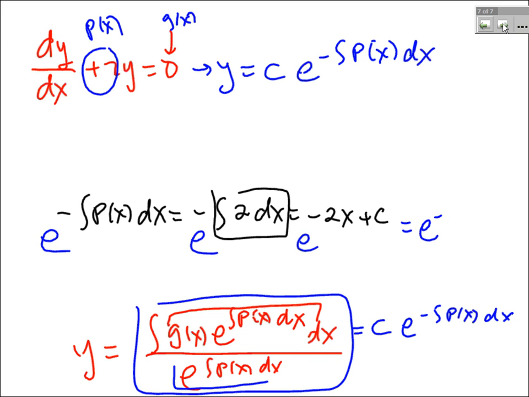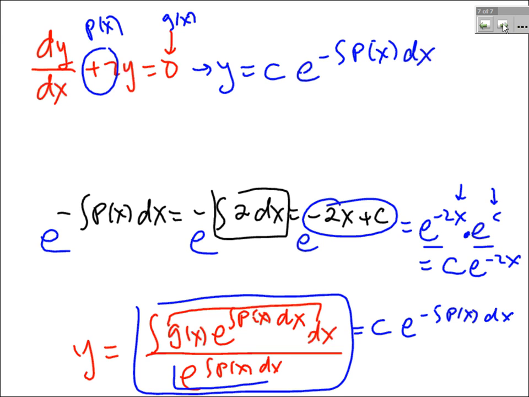This is the same as e to the negative 2x times e to the c, because when you add those two exponents, which you are supposed to do when the bases are the same and you are multiplying, you'll get that power. But e to the c is just some number. Let us call it c times e to the negative 2x. That is what y equals.